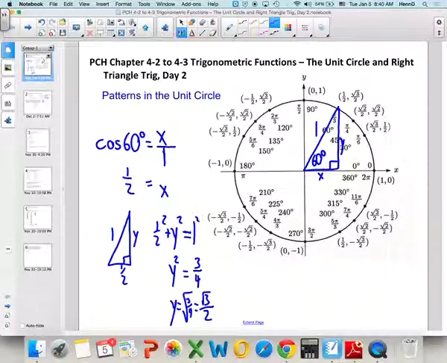And that is how we get root 3 over 2. And that's how all of these coordinates can be derived, doing it like this, and then also considering which quadrant we're in to determine whether they're positive or negative coordinates. So that's one of the things that you did the Friday before break.